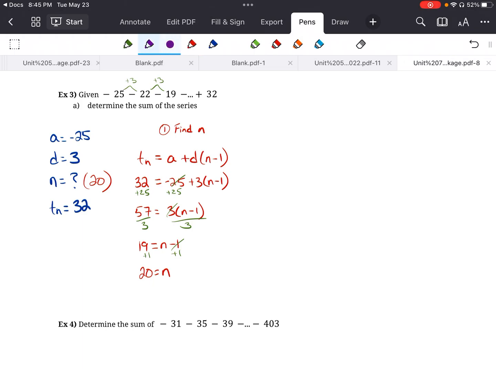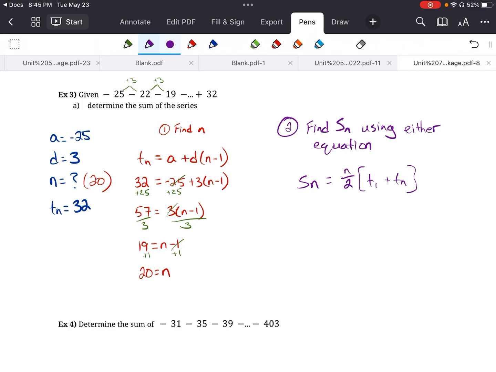we can find the sum because it's asking us to determine the sum of the series. So we can find Sn using either formula. Since we just did general above, let's do recursive here.